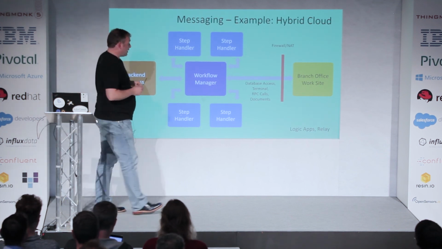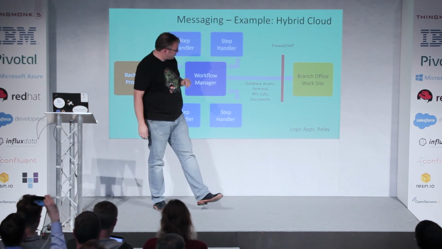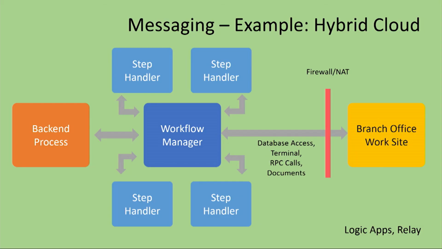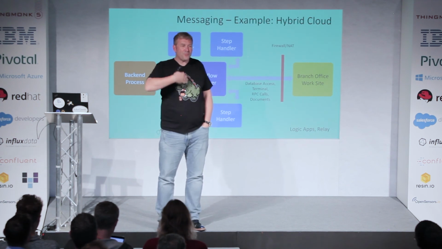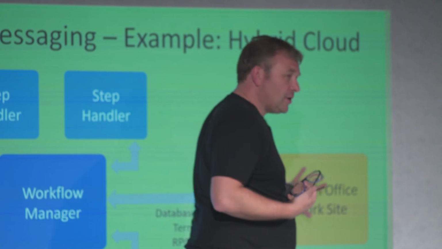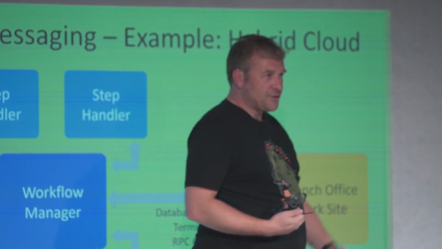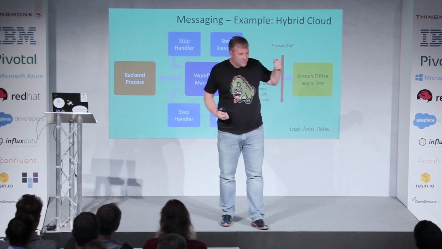And then there's hybrid cloud, in two variations. One is the scenario that you just saw Juan do. He said, I use Service Bus so I can get back into here. So this was a branch office or work site that has an on-premises listener that pulls data off Service Bus.